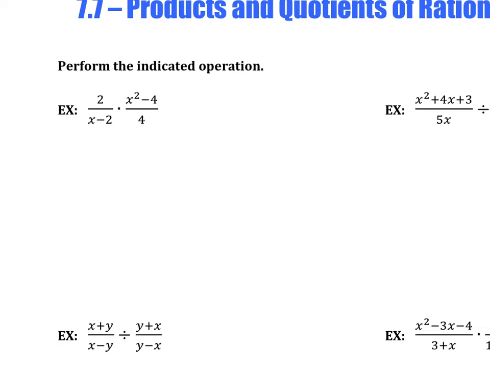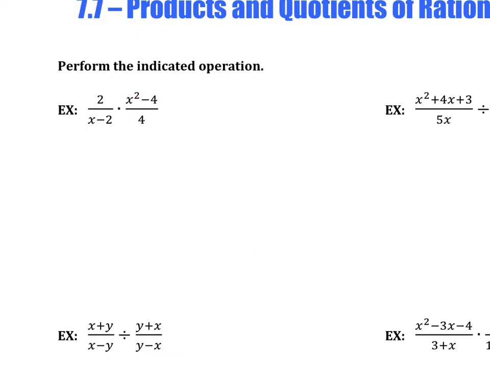You also know that we can simplify first if possible, and then we can do our multiplying. So that's the approach we're going to take with these rational expressions. In general, we'll be taking each numerator and denominator and factoring it if possible.